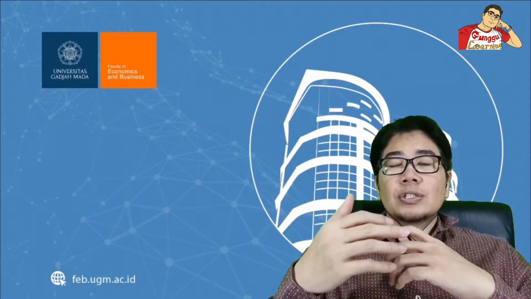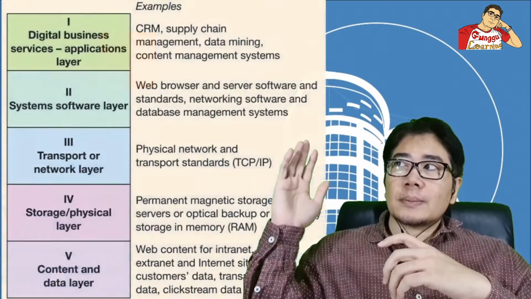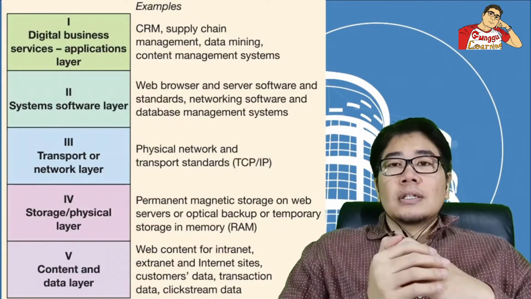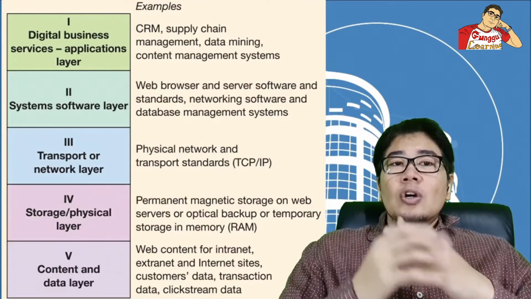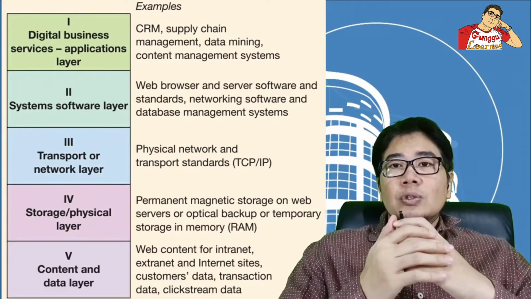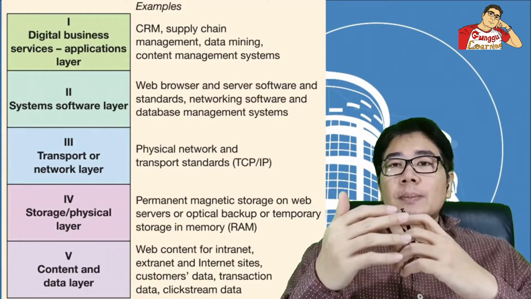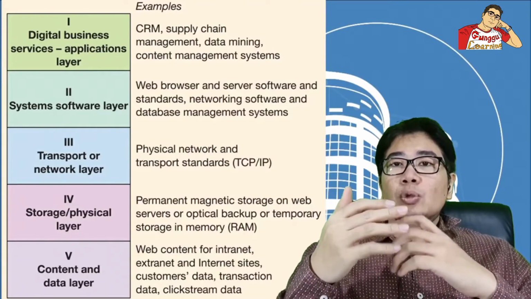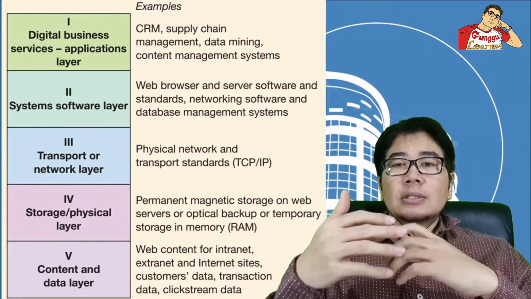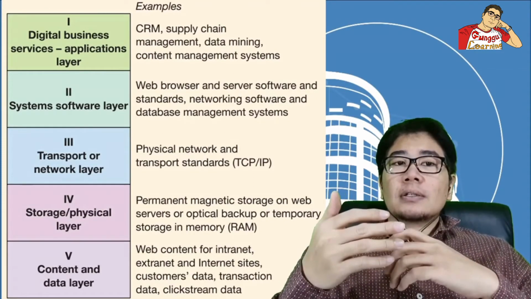Now let us look at the first managerial issue, how to manage the digital business infrastructure components. As can be seen in this following diagram, there are 5 layers of the digital business infrastructure components. The first layer is called the digital business services, or also called the application layer. The second layer is the system software layer.